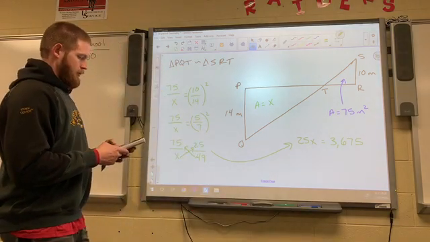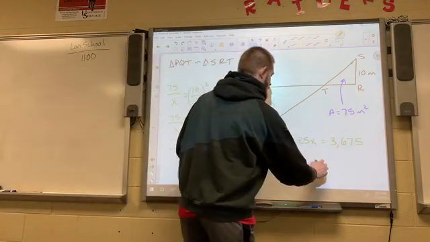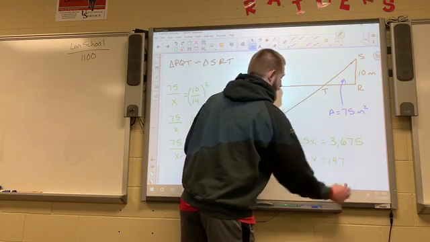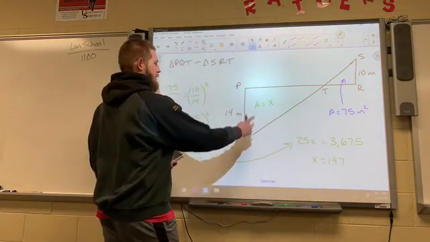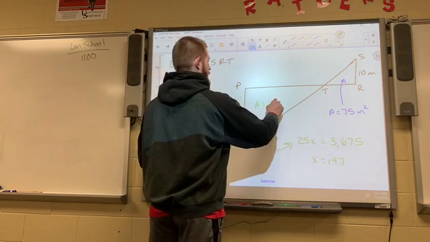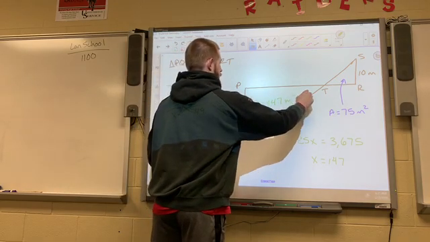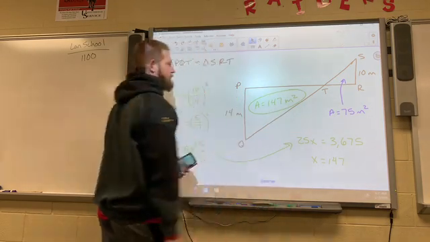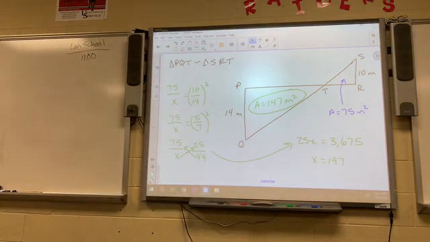I'm going to divide that by 25. And we have 147. So that means the area of my large triangle is 147 square meters. Those are probably the most difficult questions on the assignment.